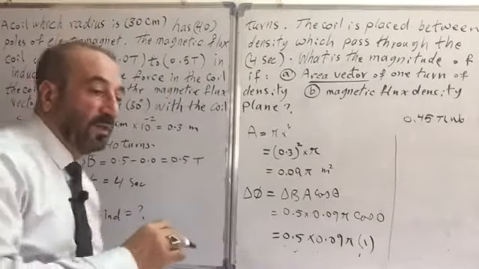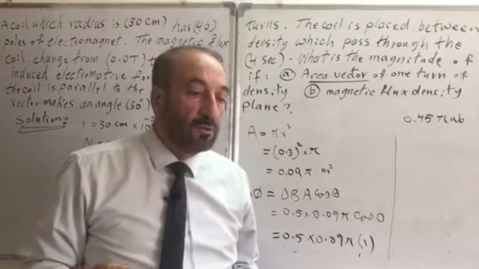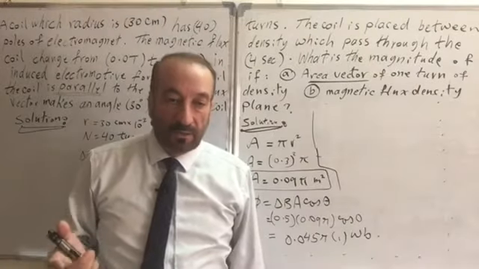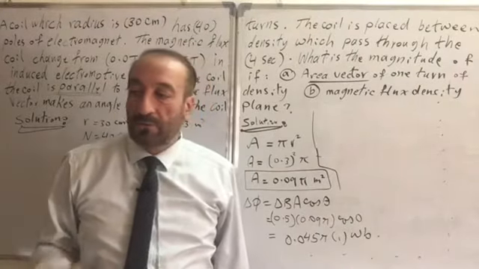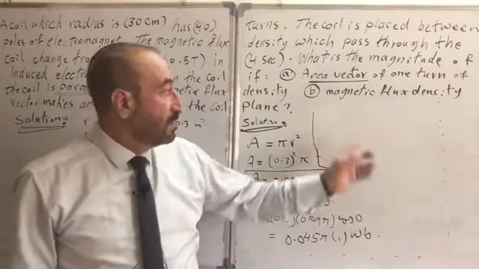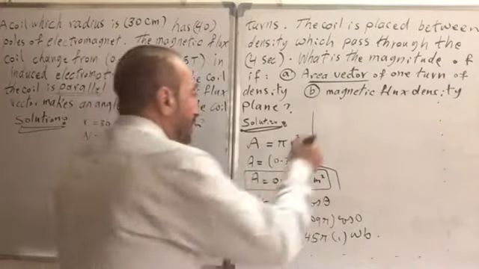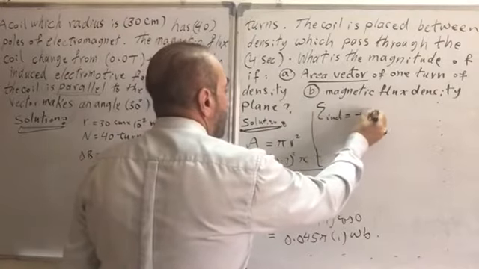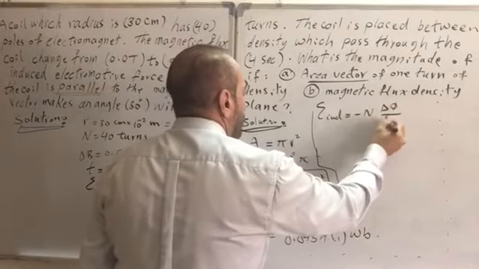Now we have prepared everything to apply our relationship. To find E induced, we apply Faraday's law: E induced equals minus n delta phi over delta t.